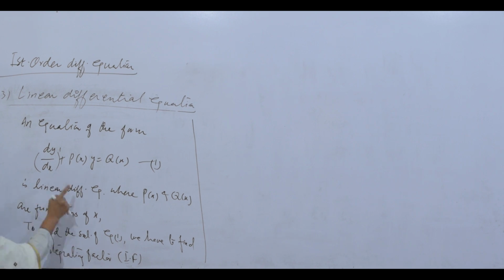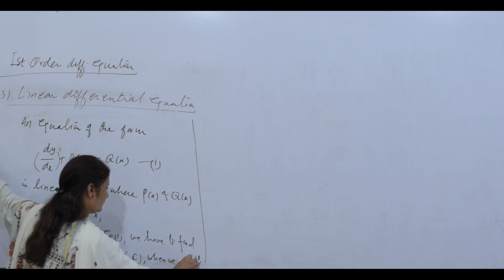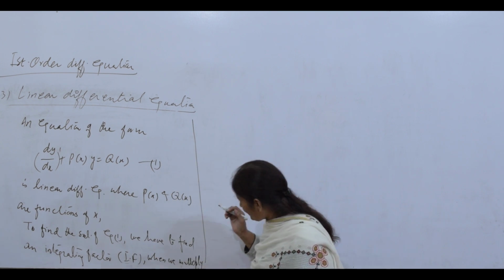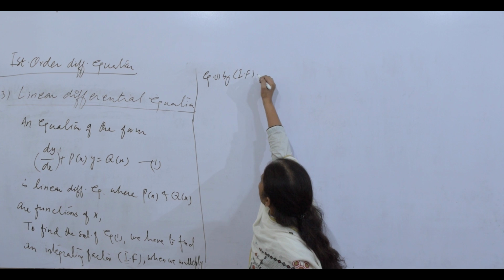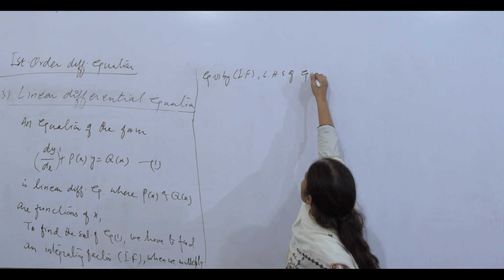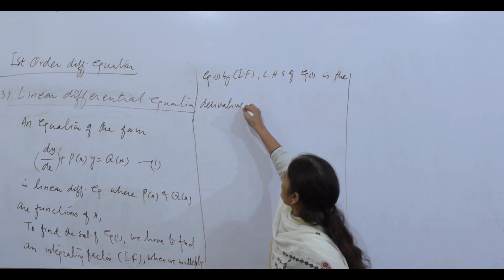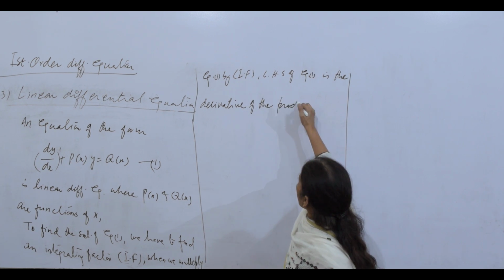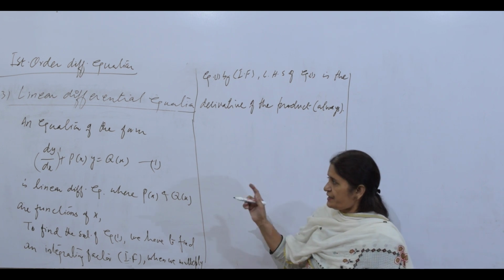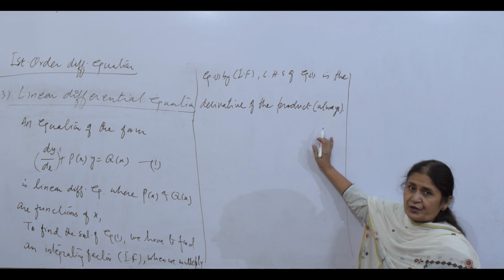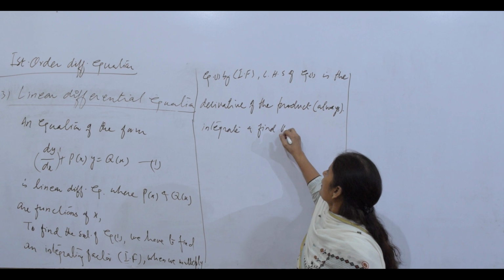So when we multiply equation 1 by the integrating factor, the left hand side of equation 1 is always the derivative of the product. Integrate and find the solution.